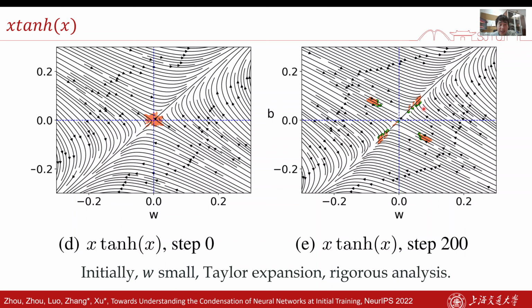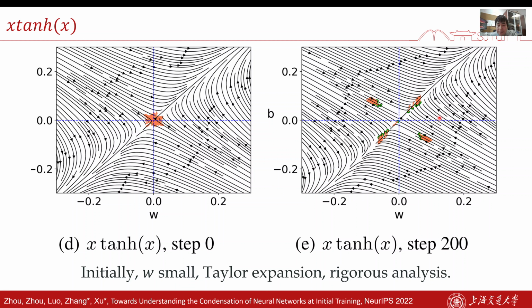Because we use a very small initialization, the field is very simple. That is the reason why neurons get clustered and have the same direction: they follow the same gradient field, the same ODE system, so they evolve towards the same stable point.